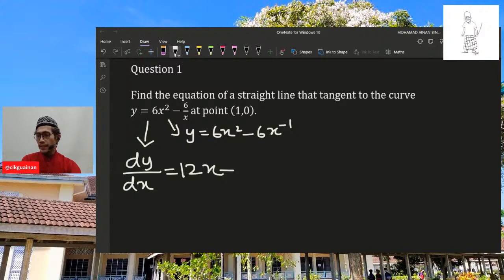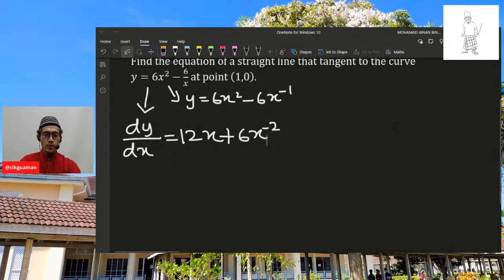Differentiating 6x^-1 becomes plus 6x^-2. The power must be less by 1. So we have already differentiated the curve.